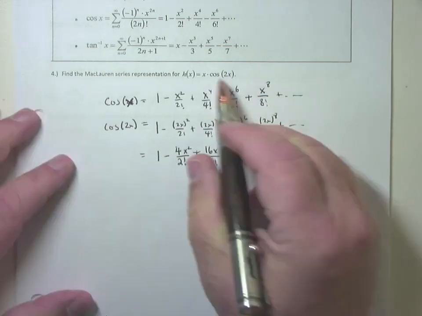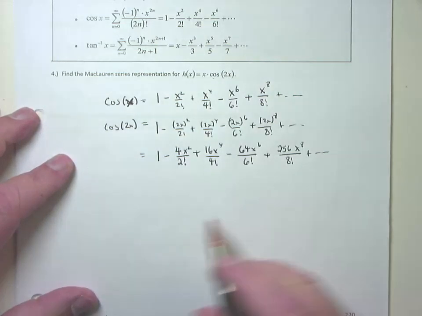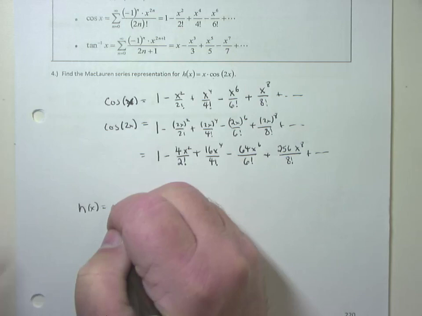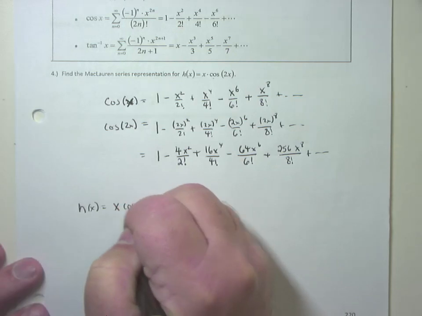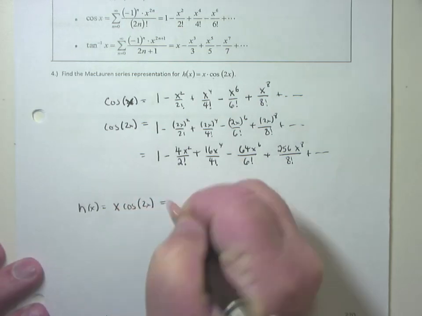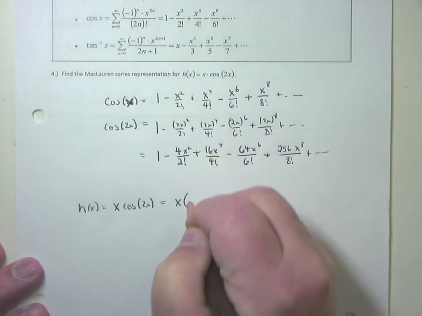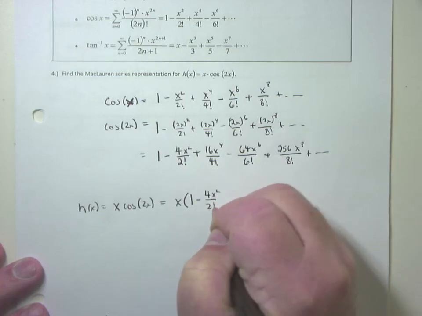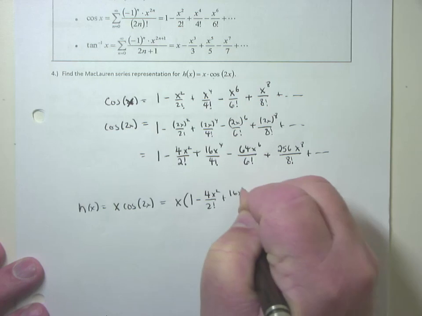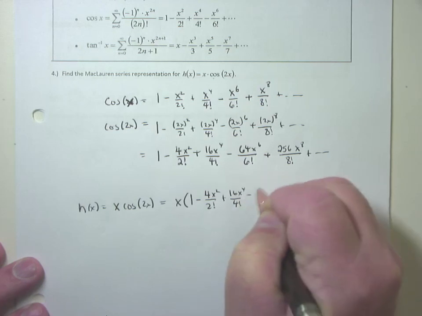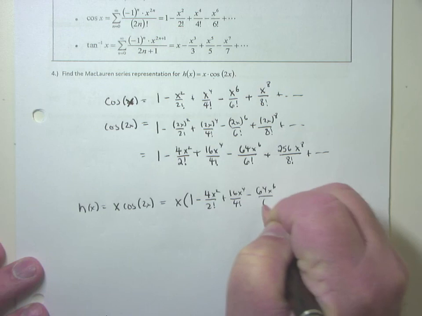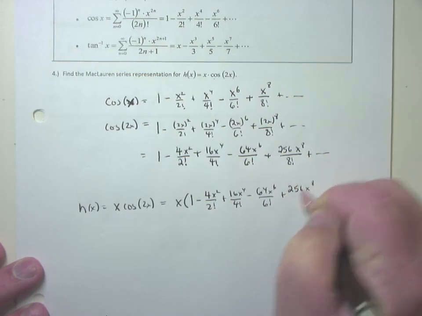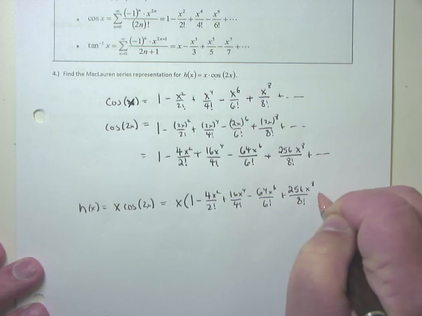Now that I have the Maclaurin series for the cosine of 2x, I want h of x. H of x is equal to x times the cosine of 2x. That would be x times this series: 1 minus 4x squared over 2 factorial plus 16x to the 4th over 4 factorial minus 64x to the 6th over 6 factorial plus 256x to the 8th over 8 factorial plus dot, dot, dot.